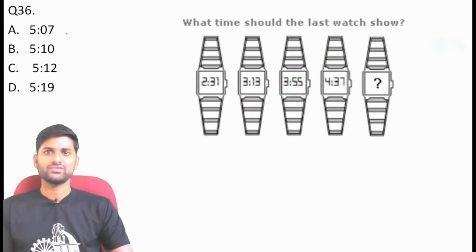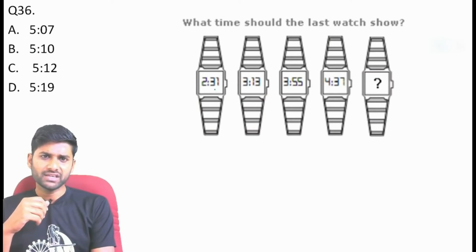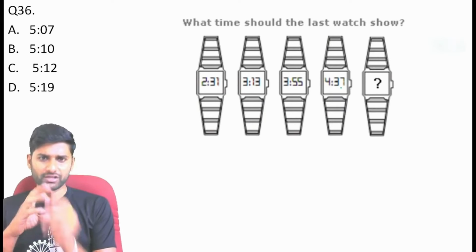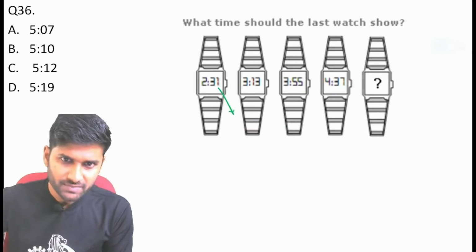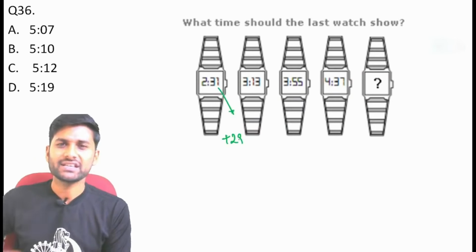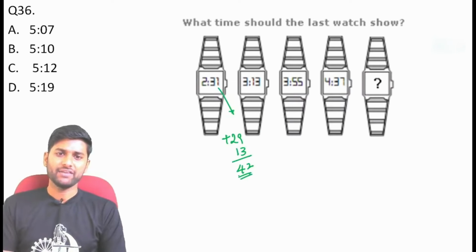Next one. So we have a watch. What should be the time the last watch shows? See guys, just focus on the numbers here: 31, 13, 55, 47. Now see, we just go through the 29 minutes extra. Now the time becomes 3 o'clock. We have here an extra 13 minutes. Now every time I'm adding 42.